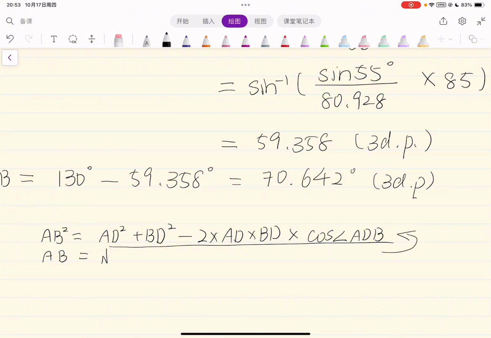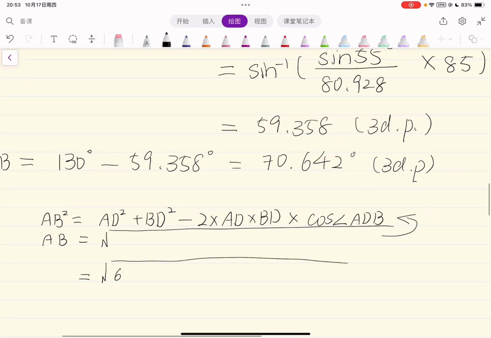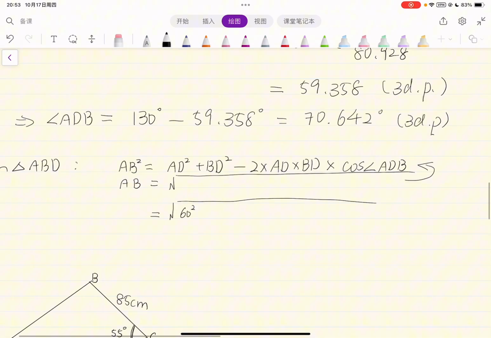I won't repeat writing it. And we substitute values, that equals the square root of 60 squared. Yeah, it's 60.